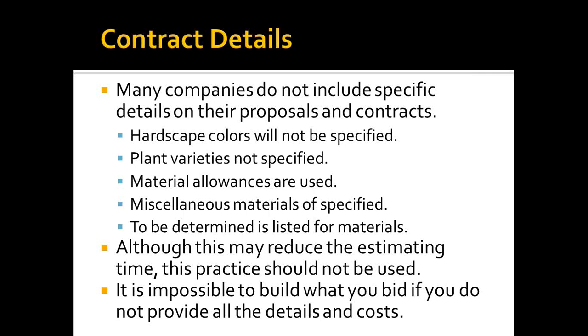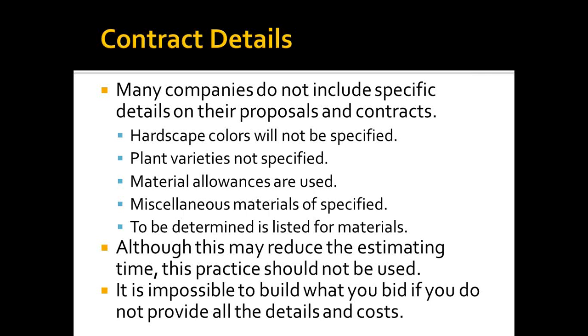Miscellaneous materials, again, very common. I've been looking for that miscellaneous perennial variety. I've yet to find it. But we need to specify the perennials, exactly genus and species, so that the people that are preparing for the project, the supervisors, the purchase agents, are able to adequately prepare for these jobs.